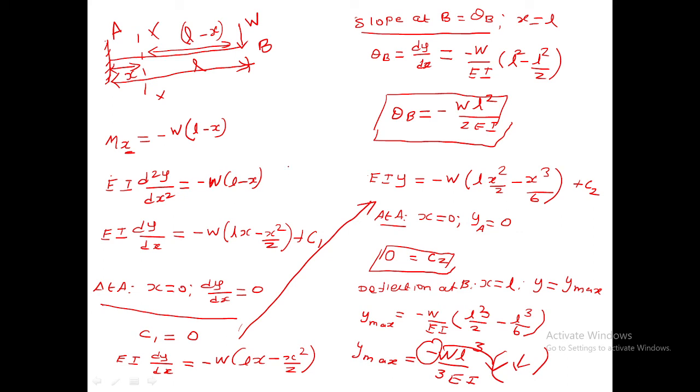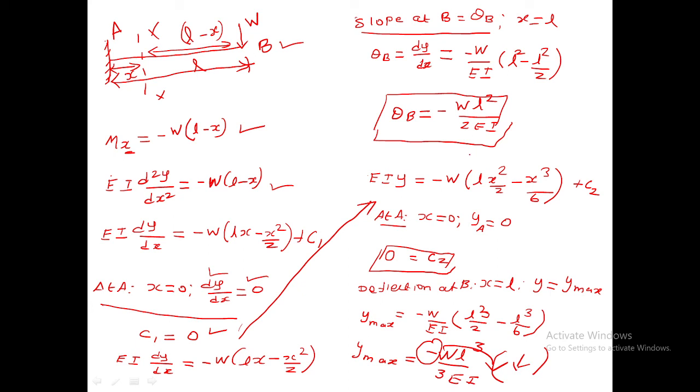So in this cantilever beam with an end point load, the moment is Mx equal to minus W into L minus x, downward. Using the double integration method, EI d square y by dx square equal to minus W into L minus x. At fixed point A, x equal to 0, the slope equal to 0, so C1 is 0.